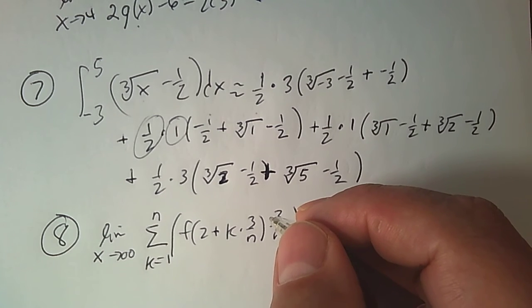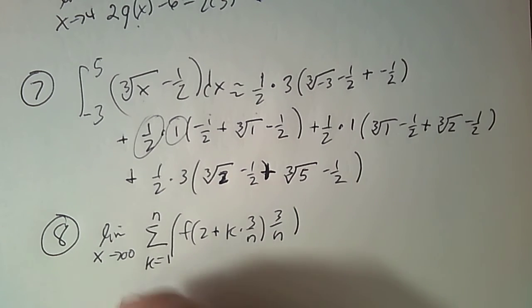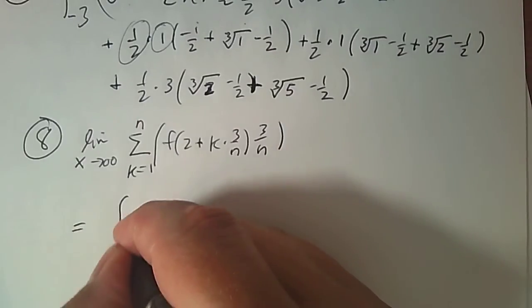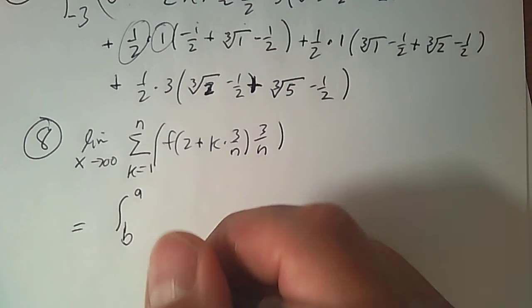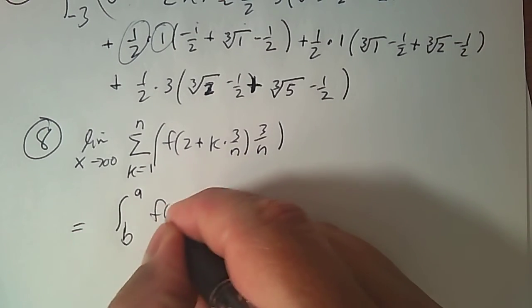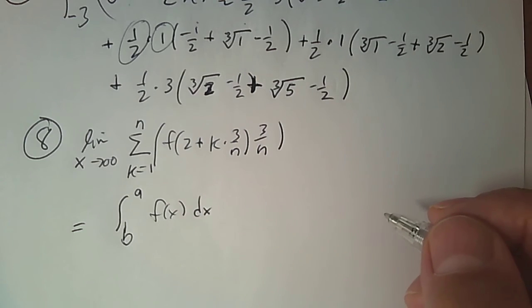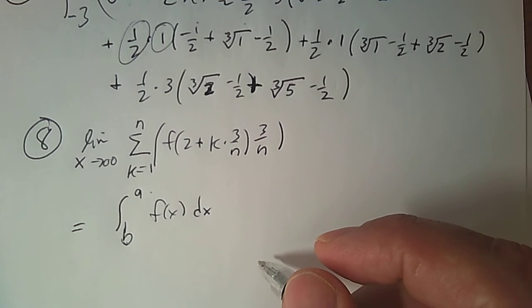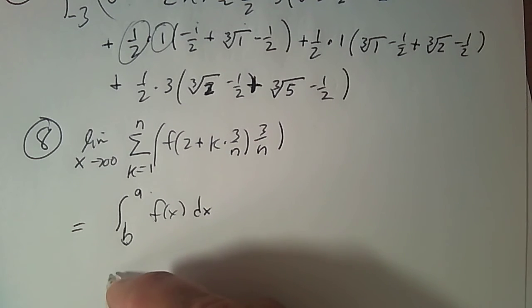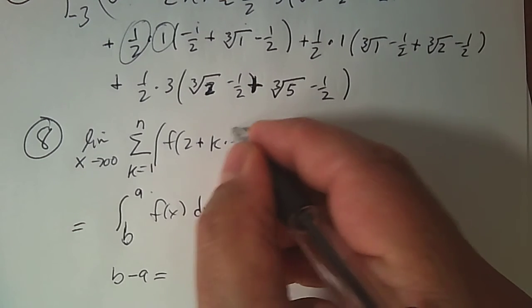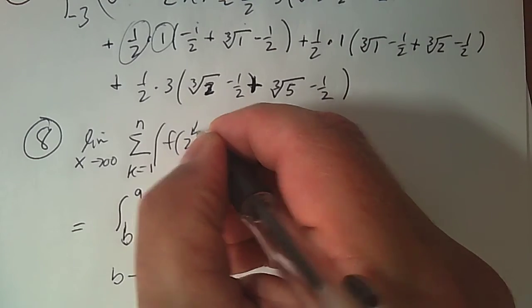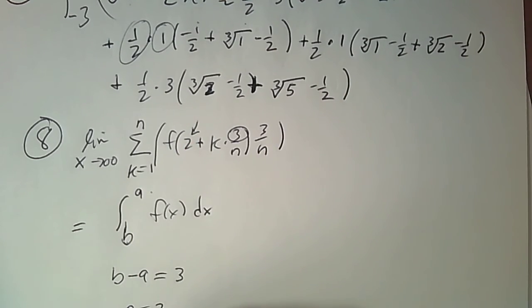I want to write it as integration from A to B. So I need to find my bounds using this. If I look at it, you'd actually see that B subtract A would equal this number, 3. And this number here is what A equals. So that means A equals 2, which would mean that B is equal to 5.